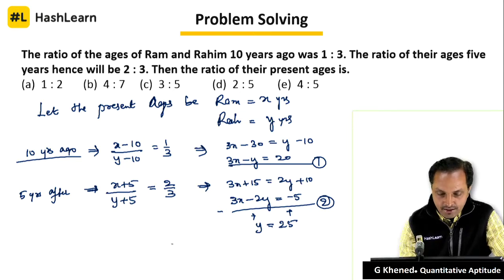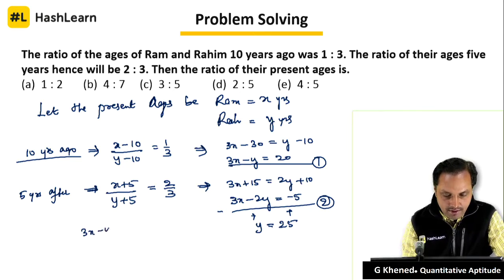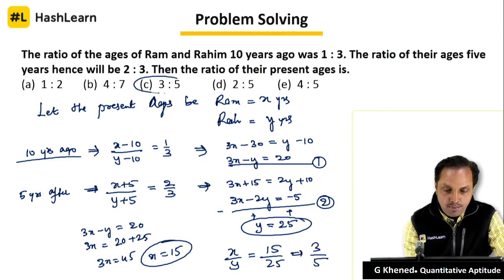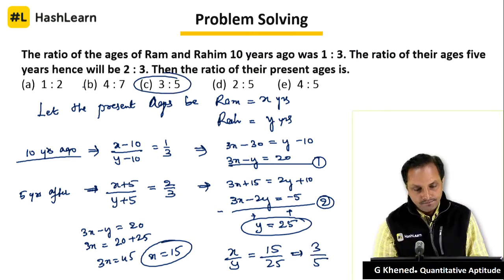Once you put that in 3x minus y is equal to 20, when you put y as 25, 3x is equal to 20 plus 25. 3x is equal to 45. The age x will be 15, 3 fifteens are 45. Therefore, what is the ratio? 15:25, which is 3:5. Option C is the answer.